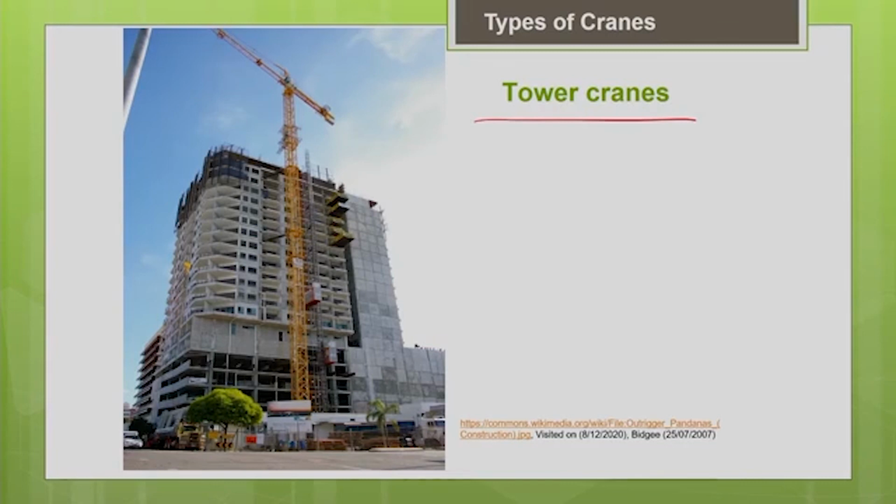Particularly when the freestanding height of the tower crane is very high, we need to take support from the nearby structure, so we brace it to the structure to transfer the load for the safety of the crane. So when do we generally go for tower cranes? Basically, in congested areas where the mobility of mobile cranes is not feasible.